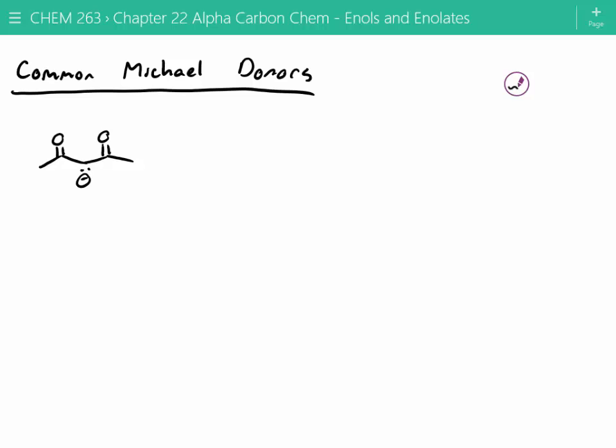So you can have a negative charge there. Alternatively, instead of a ketone, you could have esters that you could hydrolyze off into the acid or even decarboxylate. So these are both very common. Or you could use your ethyl acetoacetate enolate like we saw in our problem of the day. These are all highly stabilized because they're in between two carbonyl groups.